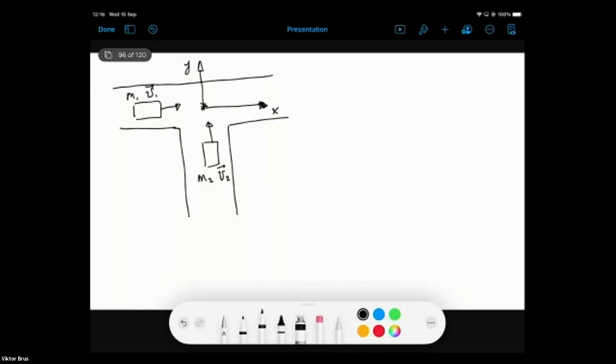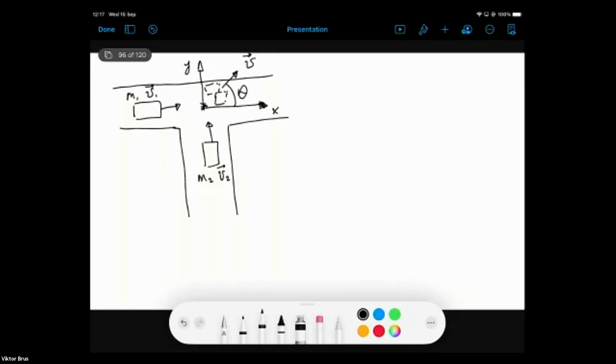Then let's assume an inelastic collision between these cars. They stick to each other and move as one body with some velocity v at some angle theta to the axis x.